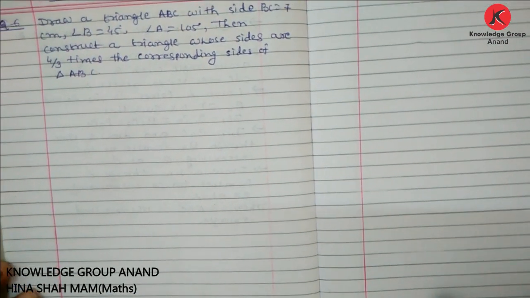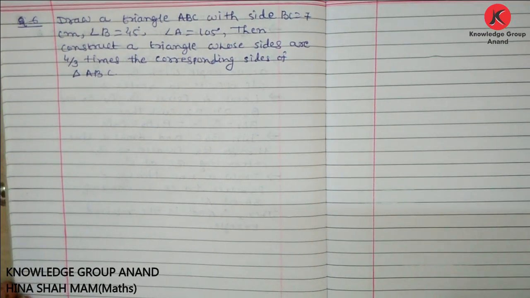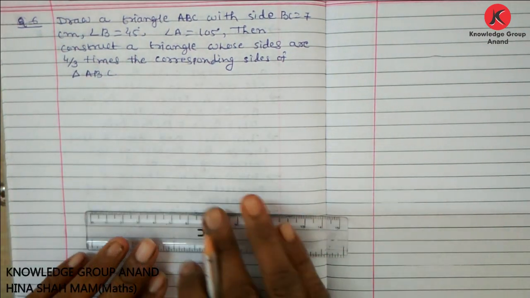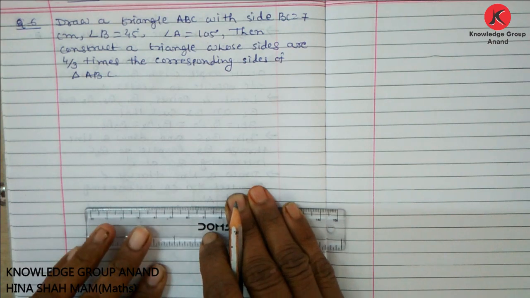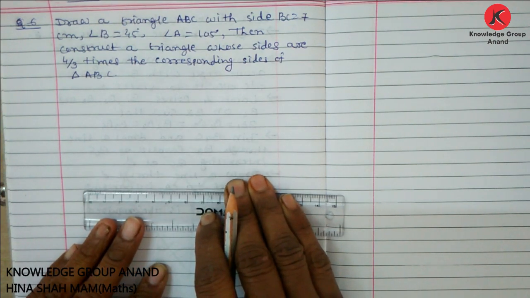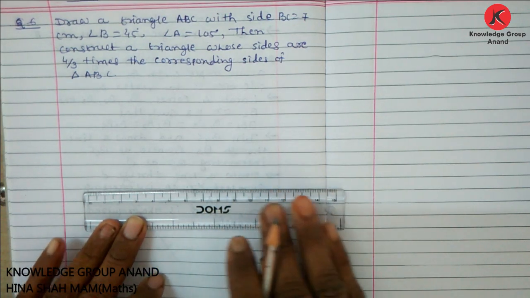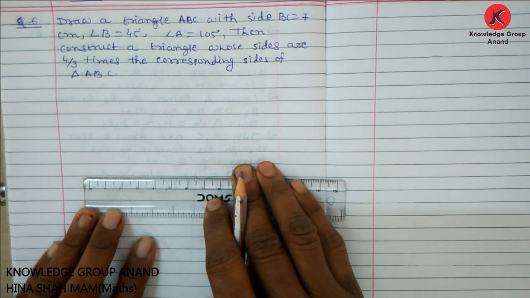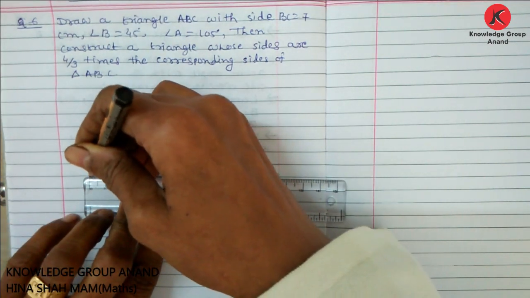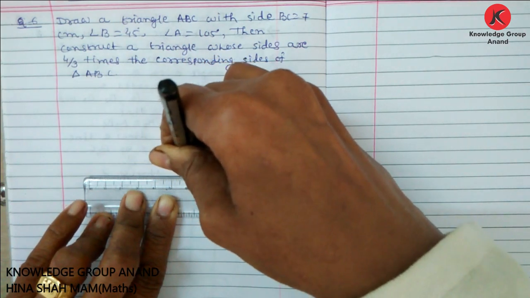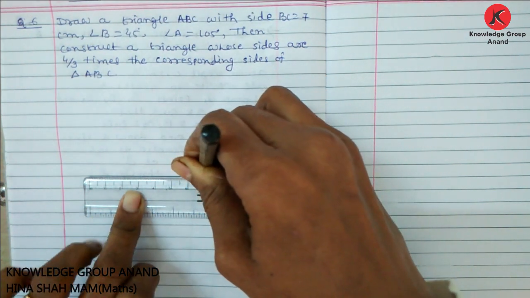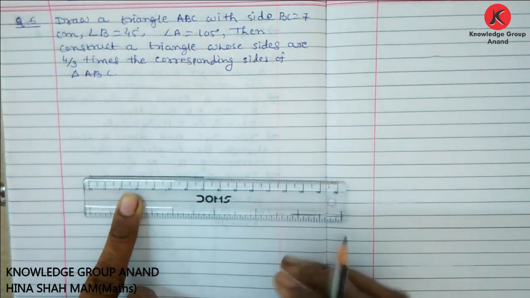First we draw BC equal to 7 centimeter. Here BC is equal to 7 centimeter.